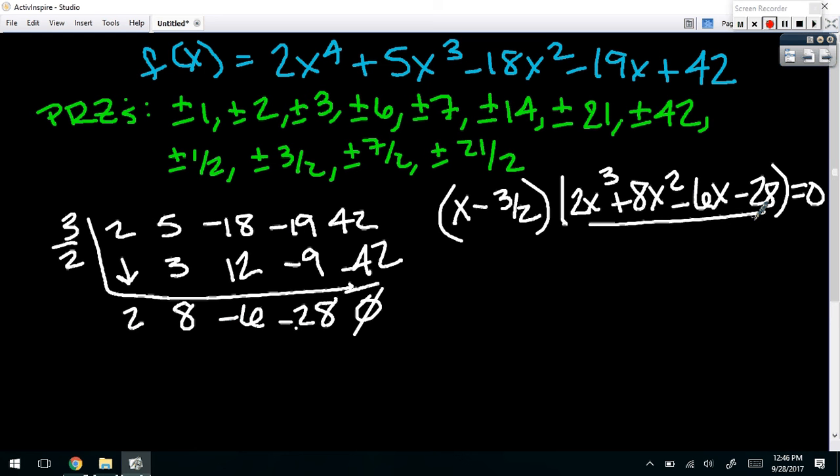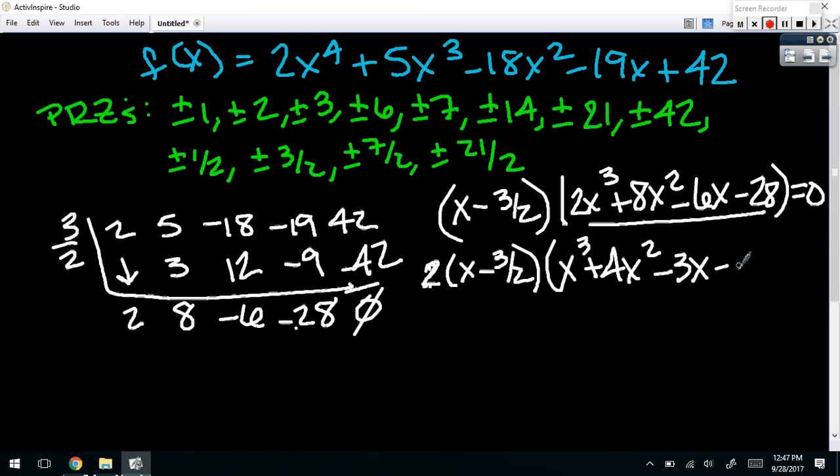And anytime I have a GCF, I want to take it out. Since multiplication is commutative, I'm going to just stick it in the front. And that leaves me with x cubed plus 4x squared minus 3x minus 14.